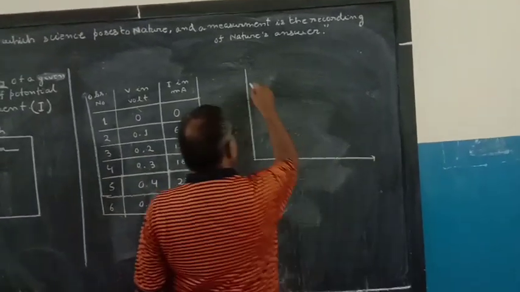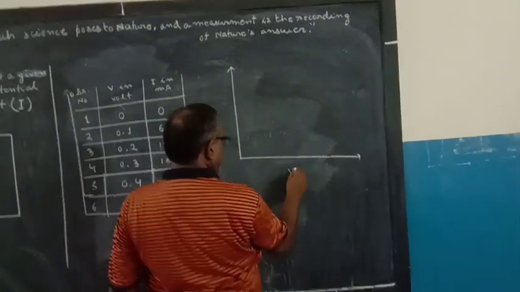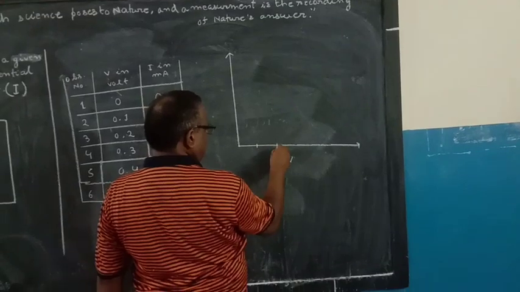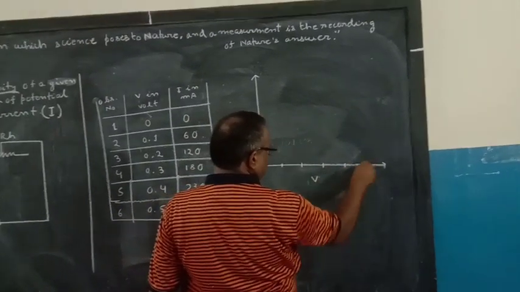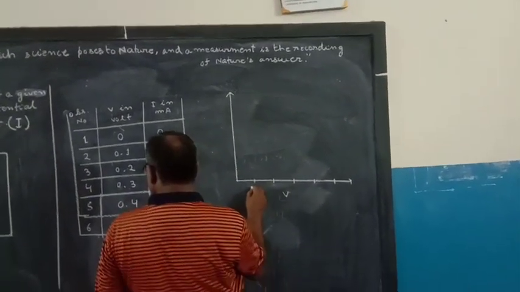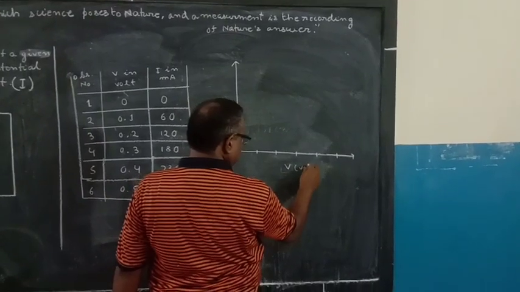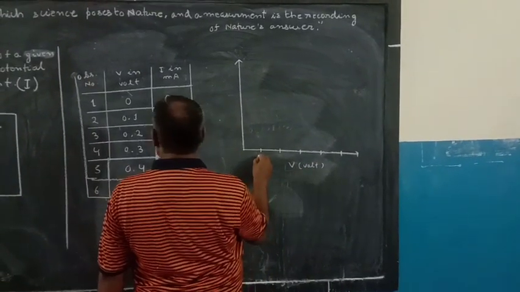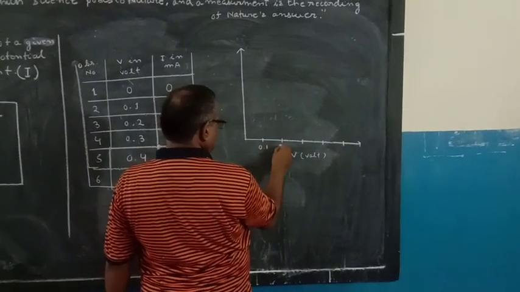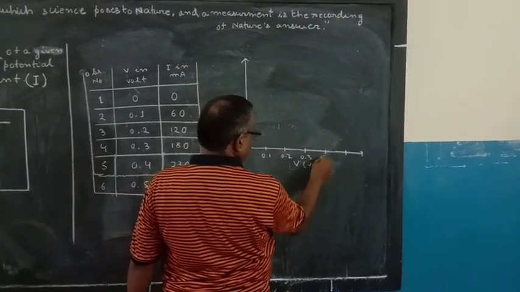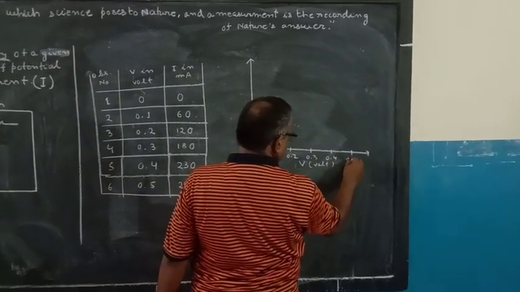So you plot the graph, take V this side. So I am taking 1, 2, 3, 4, 5. This is your volt. This is your 0.1, 0.2, 0.3, 0.4, 0.5.